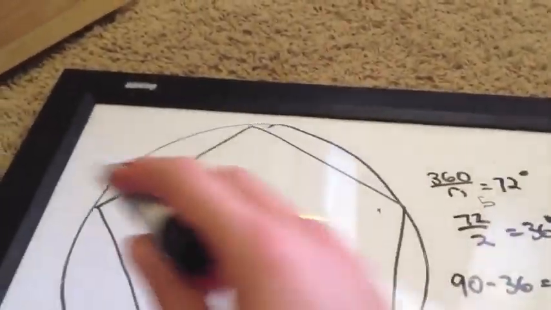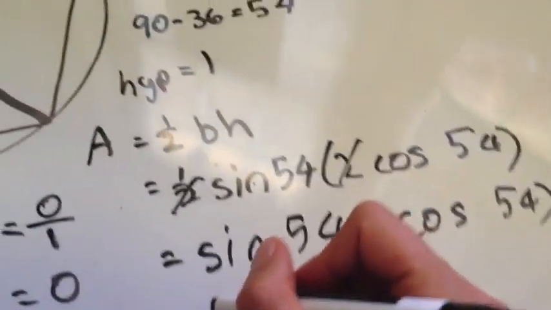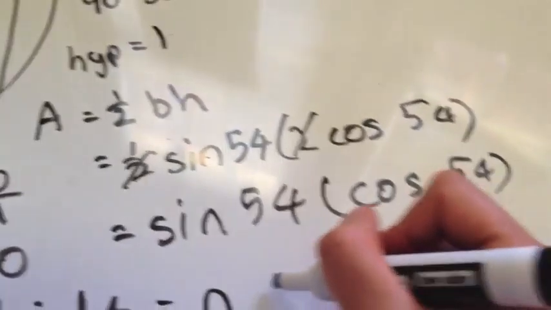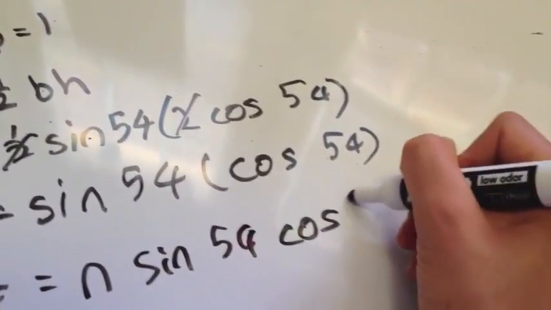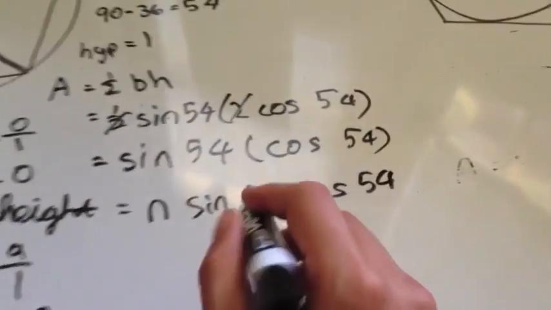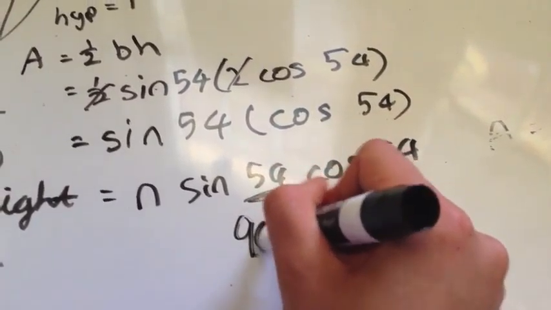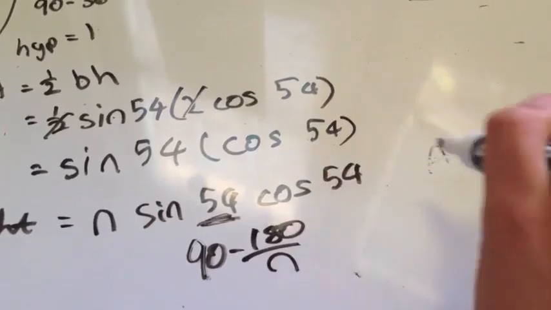But because we have 5 triangles, we are going to have to multiply it by 5, or by the number of sides of the polygon. So this is equal to n, number of sides, sine 54 cos 54. Now this 54 isn't going to stay the same, so we need to change the 54. The 54 is equal to 90 minus 180 divided by the number of sides.